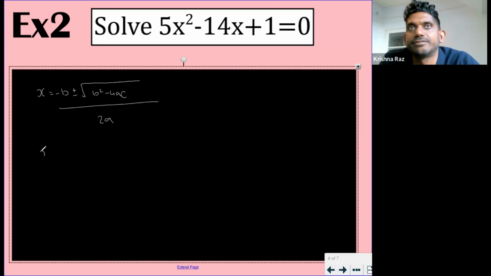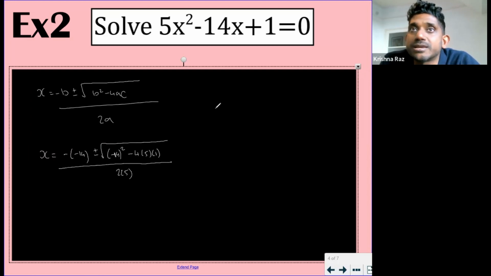So now I have minus minus 14 plus or minus the square root of minus 14 squared minus 4 times 5 times 1 all over 2 times 5.